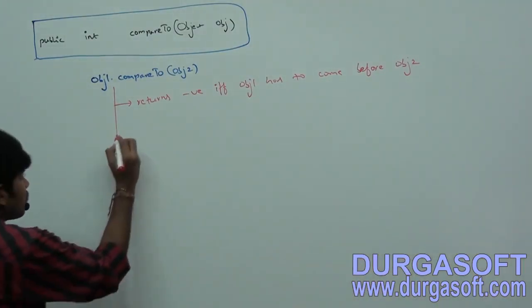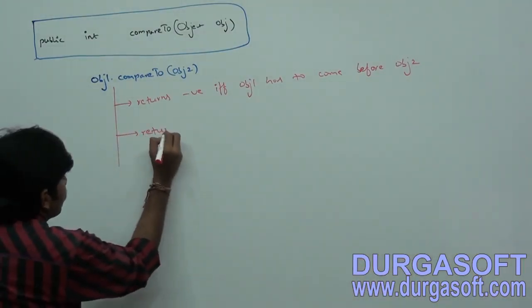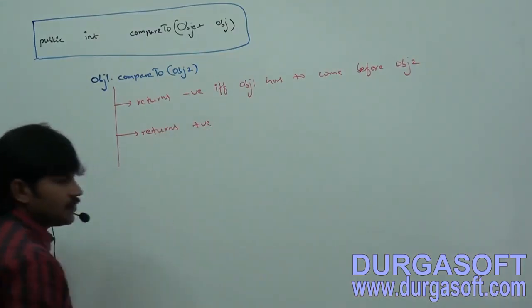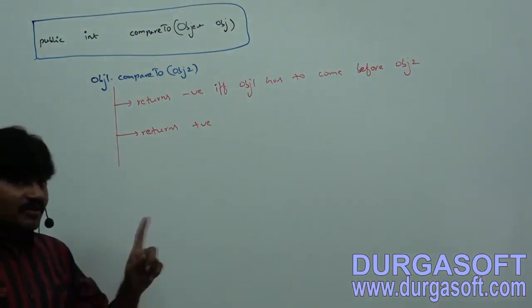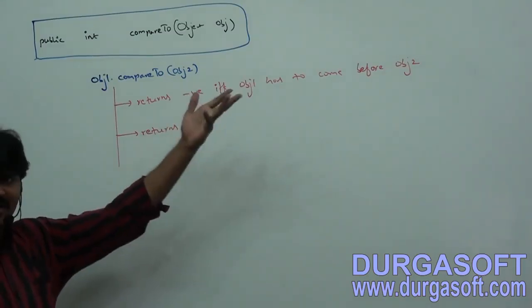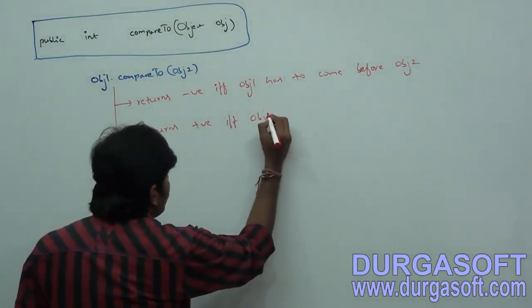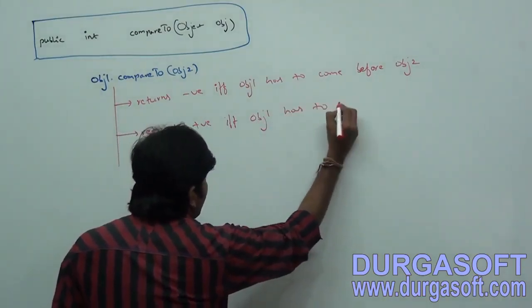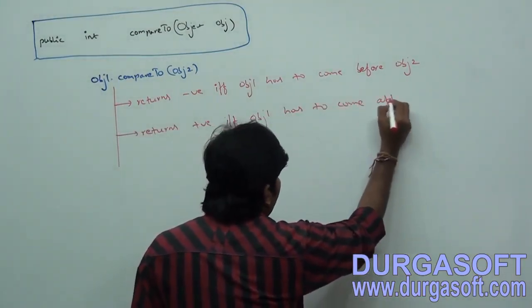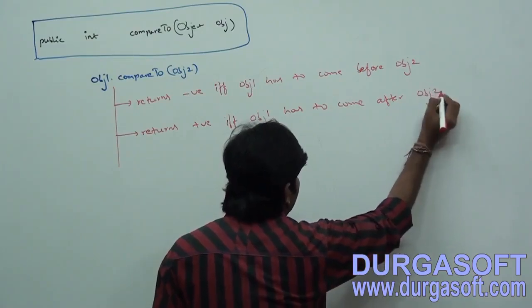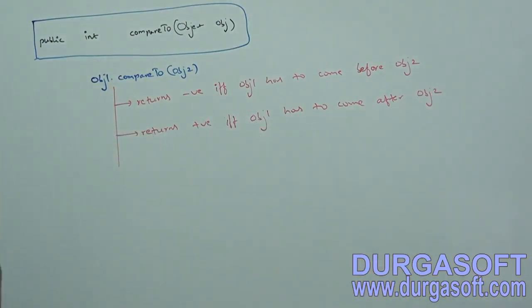Next, it returns positive. Can you guess when? If and only if obj1 has to come after obj2. Positive means after, negative means before.